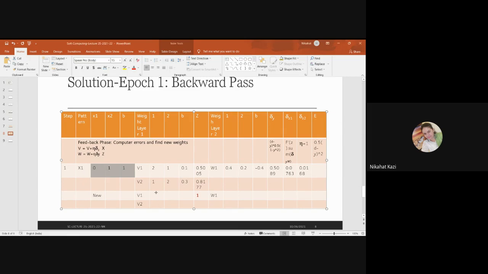First is 2. Eta is 1, so ignore that. Delta z times x. How are you going to multiply them?